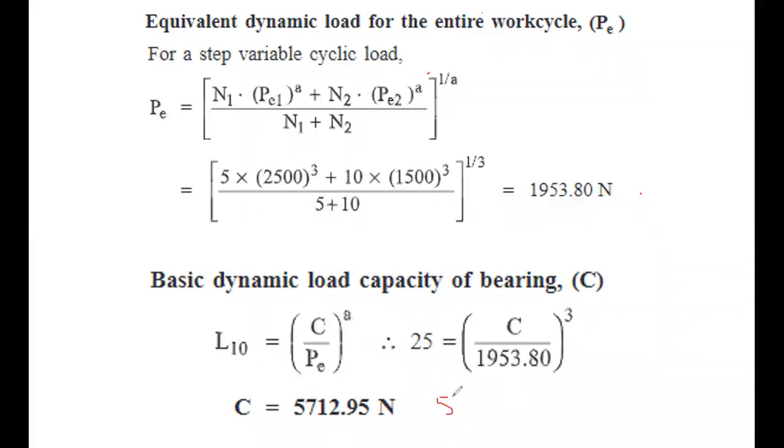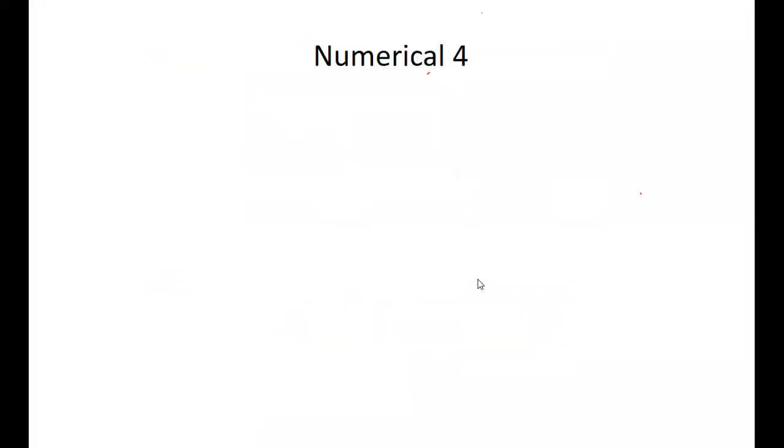If they would have told us, we would have divided this by 10. So the answer would be 57521.2 kgf. And in front of this, we would have selected a suitable bearing from the design data book.